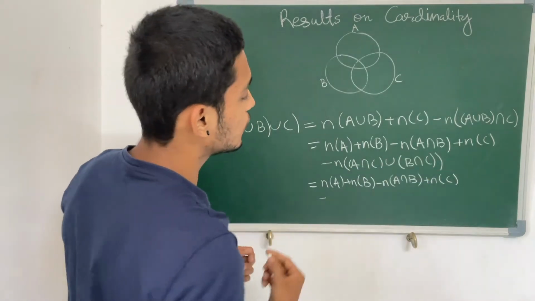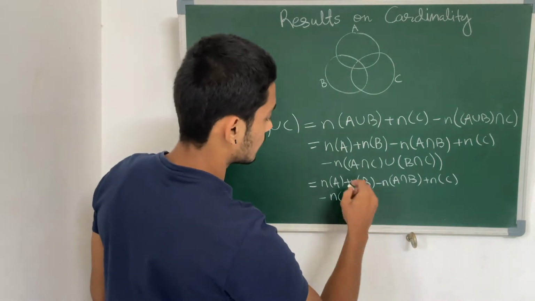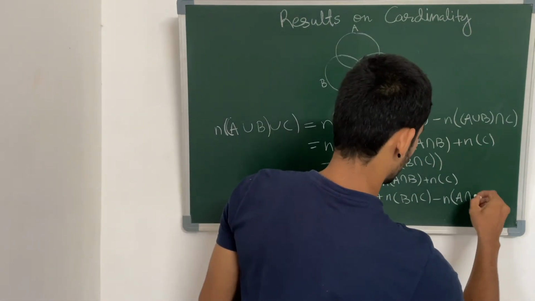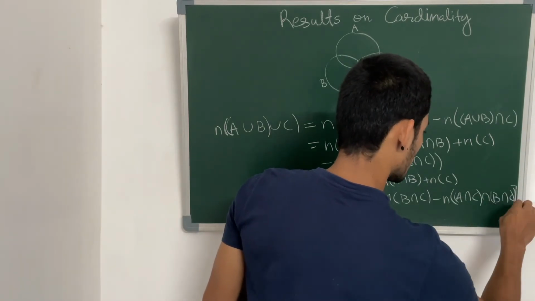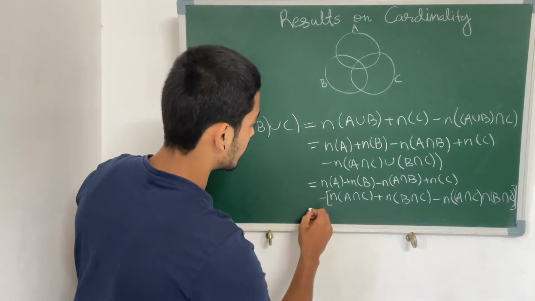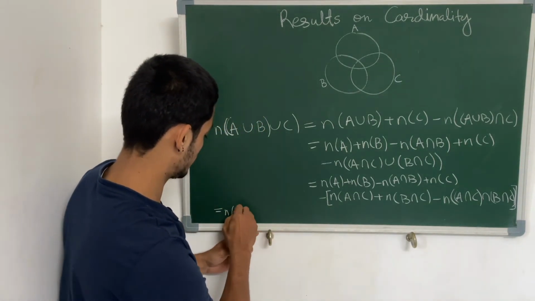So we know that for the union, we know the result for 2 sets. Let us do that. Okay, so we have gotten this result. So from this it is very clear that the final result will be, let us write it from here.